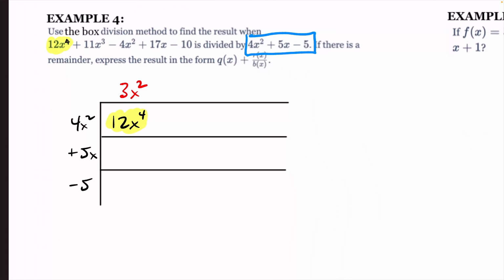Then I multiply this guy times this guy, and I get 15x cubed. Then I get negative 15x squared. Close off that section of the box.